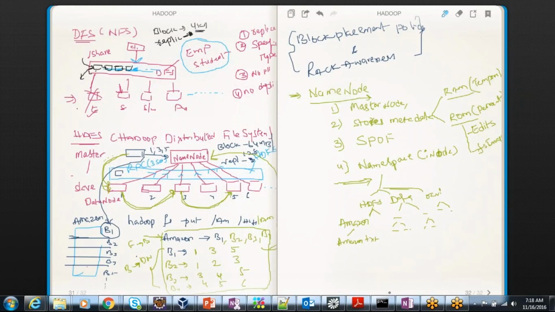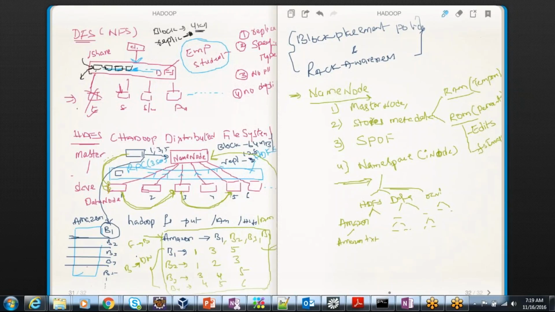The whole information about the data is called metadata. When the cluster is running, that metadata information will be available in the RAM for faster access. And because RAM is a temporary memory, if something goes wrong with the machine, or the power goes off, or it is shut down, whatever data was in the RAM, we will lose.